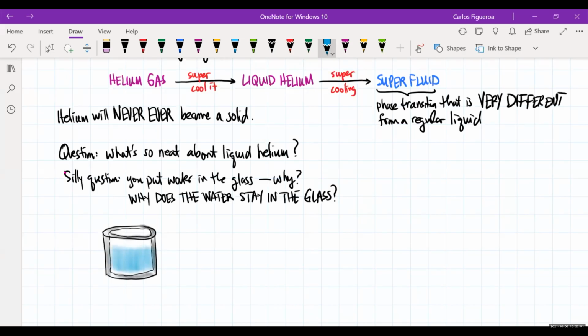So clearly the glass contains the water. No surprise. The question is, why does it not escape from the bottom?